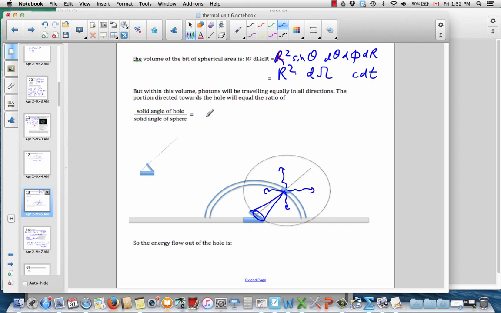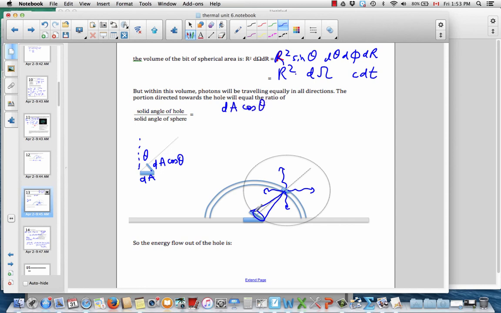And the solid angle of the hole is going to depend on its area. But of course, it's going to be the projected area, because if this is a little bit of area dA, and we're looking at observation angle theta, so this is theta, this is 90 minus theta, so this will be theta again, we see from angle theta, the area that we see is only dA cos theta.